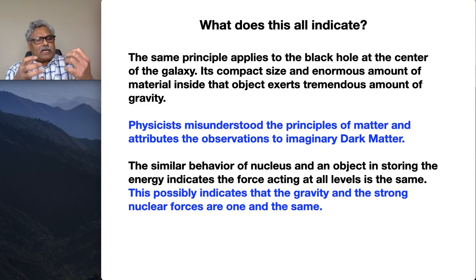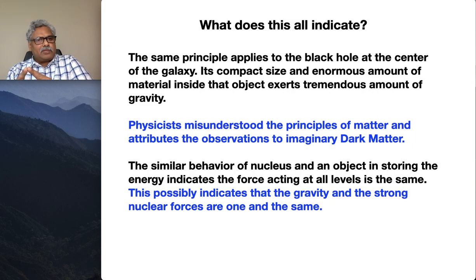We know that it's the strong nuclear force that's working at the nucleus level, and then we think there's a different force working at the objects called gravity. So that's why we are not able to merge them together.